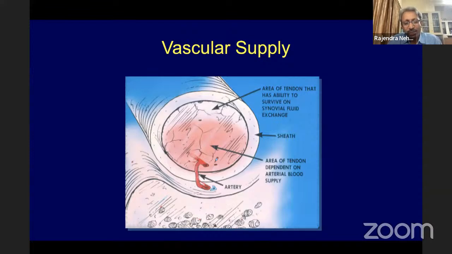The superficial anterior, or palmar, aspect of the flexor tendon is supplied by synovial fluid by the diffusion process. So if you don't want to strangulate the vessels which are mainly in the dorsal area, your core suture should not go into the dorsal area of the flexor tendon. It should remain in the anterior half, or palmar half, of the flexor tendon. It is very, very important.